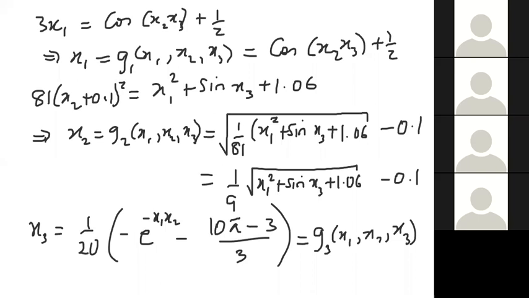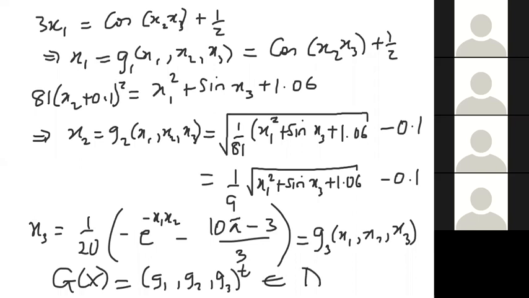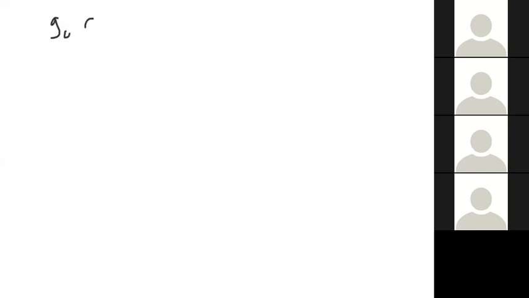Then after doing this, I want to show that this function G, which will contain now g1, g2, and g3 transpose, is in D, okay? So how will I be able to show that? So if each gi is in D, then I'll be able to show that even G(x) will be in D, right?